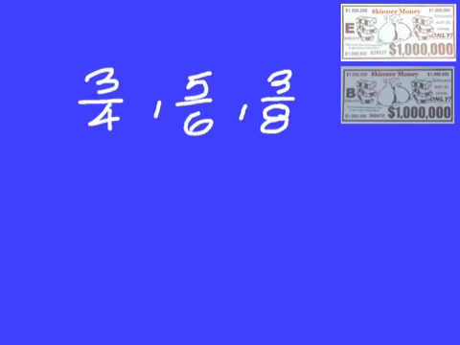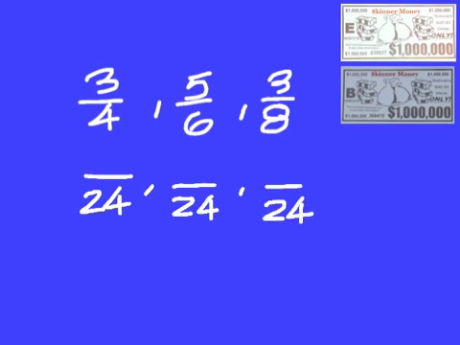For the practice problem, let's put all these fractions into the same denominator. So what is the lowest number that 4, 6, and 8 will all go into evenly? 24 is the lowest number, so if I put a 24 here on each of these and then go back and multiply, what am I doing here?